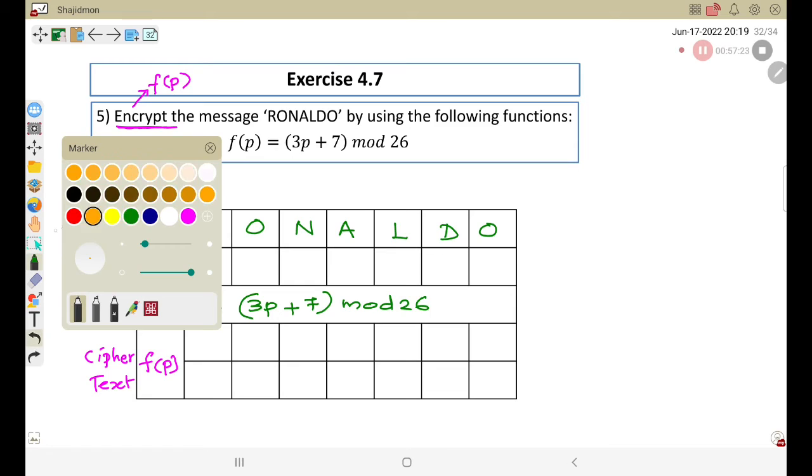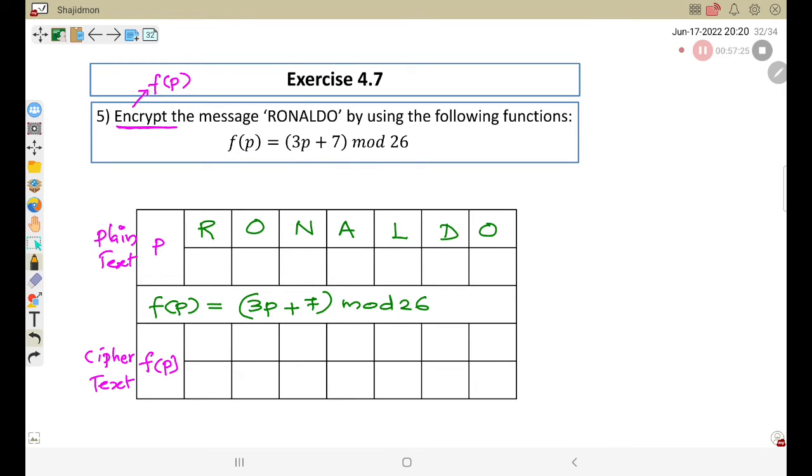Now, what is the first key number? You know, 3p plus 7. So these are key number 1 and key number 2, A and B. What is the A number? A is 3 and B equals 7. Okay, be careful with those two numbers. The first key A is 3 and the second key is 7.